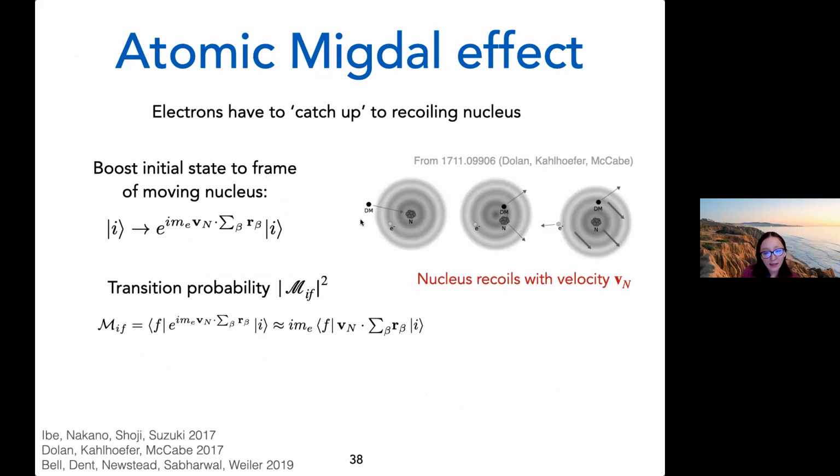went like this. So dark matter comes in and it's going to kick the nucleus. And these bands, these shaded regions, are representing the electron wave functions.